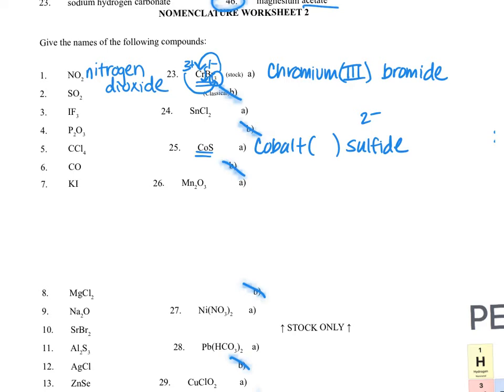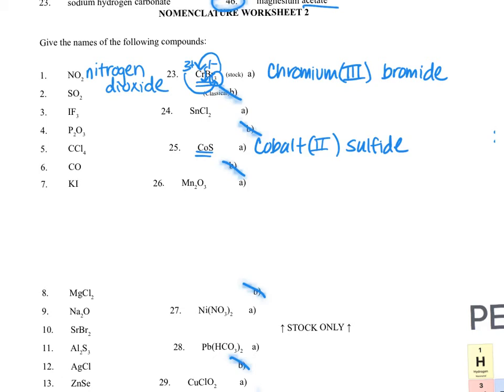That means that cobalt is a 2+ charge because there's 1 cobalt and 1 sulfur. In order for these charges to balance out, cobalt has to be 2+ and sulfide has to be 2-. So that would be your answer here.